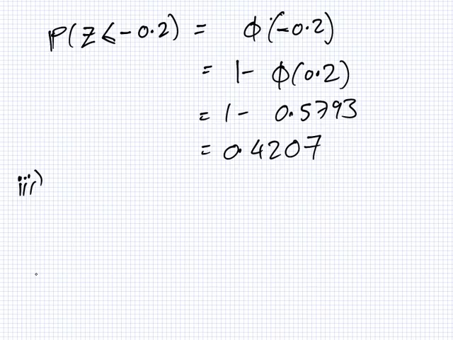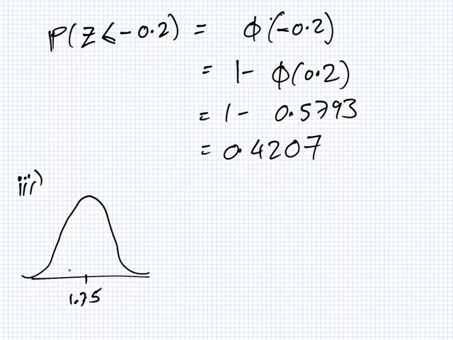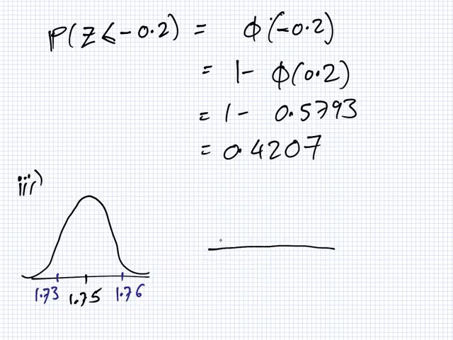In between. Yeah, in between what? What are the two values? Let's see, 1.73. Okay, 1.73. 1.76. So we'll have the Z transform again. This will be 0.